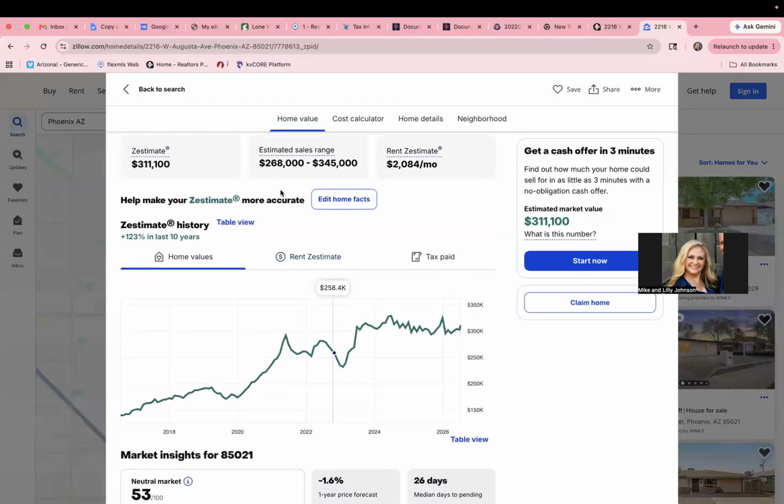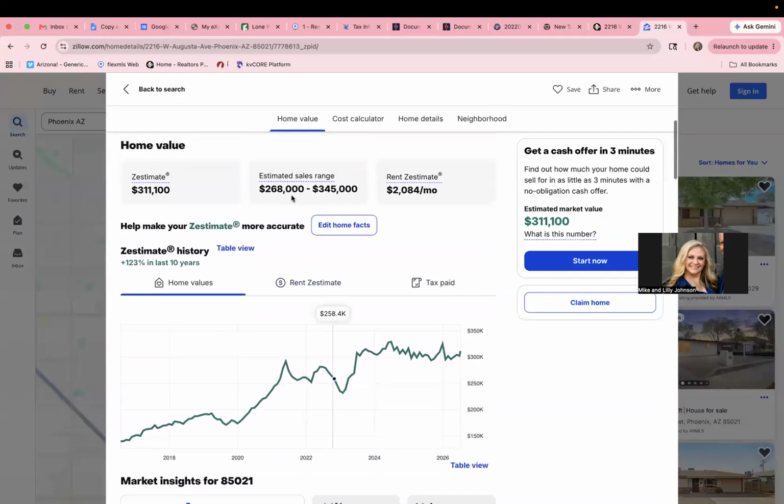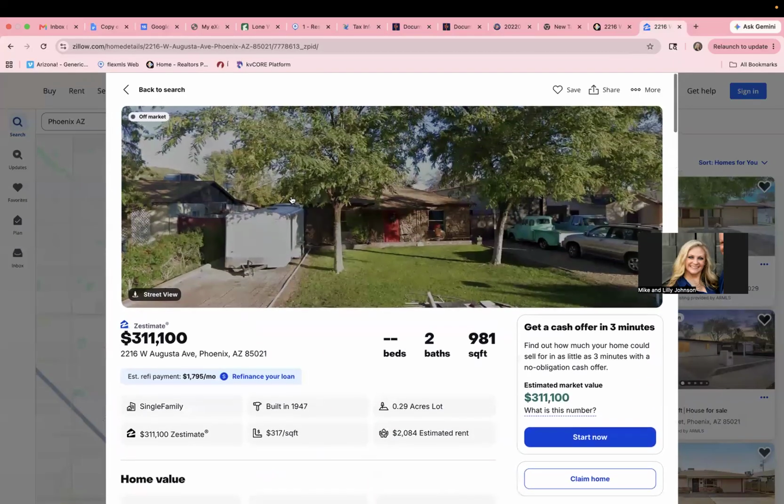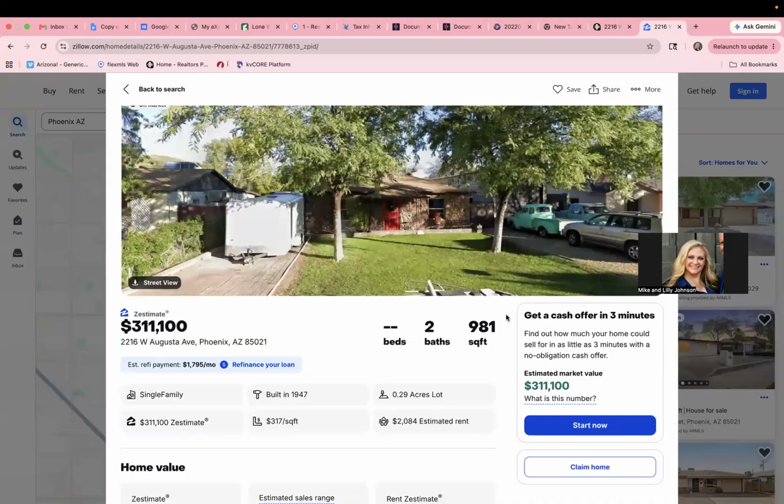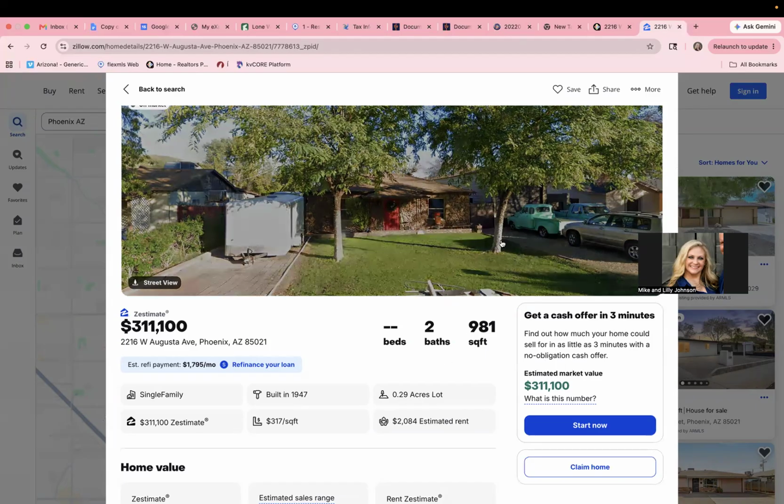So look, Zillow's range is 268 to 345. Hmm, interesting. That's some cool cars. Okay, so see, I can see that this garage over here in Zillow looks like it's a metal building. Maybe I'm wrong. I don't know, it's going to be a buyer-specific thing, right? Are they going to like it? Maybe.